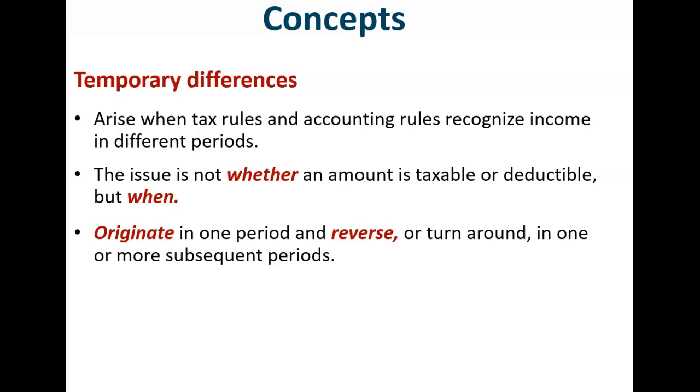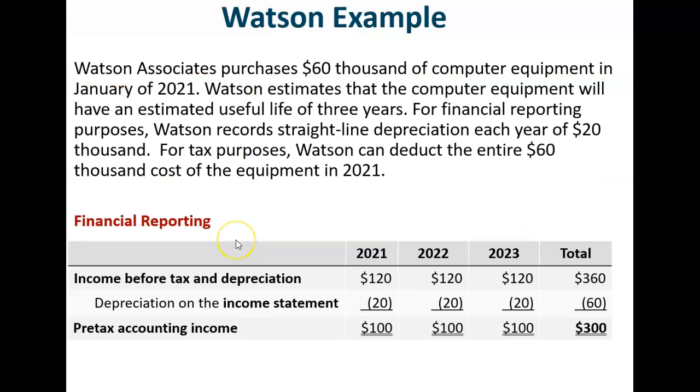Temporary differences originate in one period and reverse or turn around in one or more subsequent periods. We'll walk through these concepts in the next few slides when we discuss the Watson example.